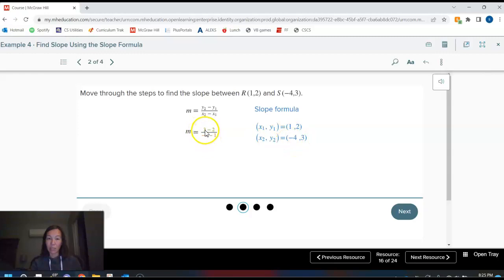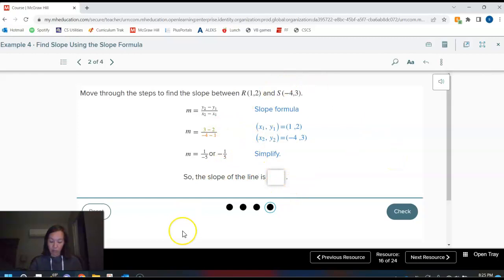So notice that -4, 3 are in the same position, and 1, 2 are in the same position. Again, we could switch the order. It wouldn't matter. Our answer would be the same. So it really doesn't matter which one you pick to be what. But then when we simplify this, we get 1 over -5, or just -1/5 for our slope. So the slope of the line is right here, -1/5.